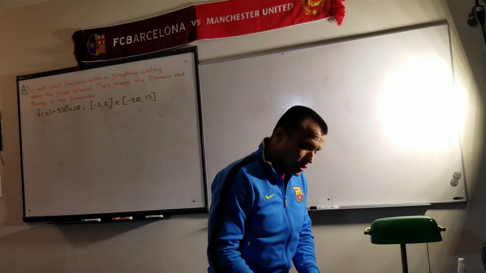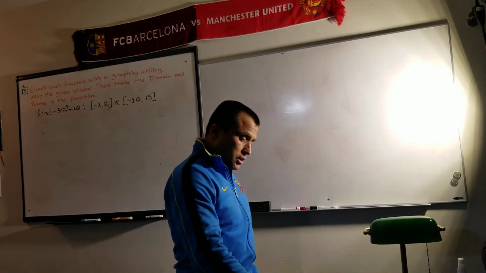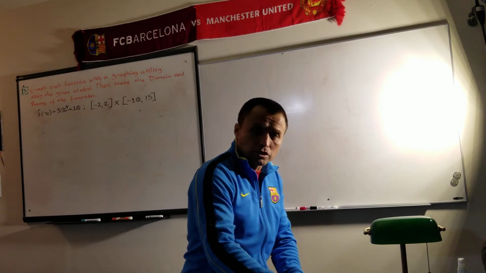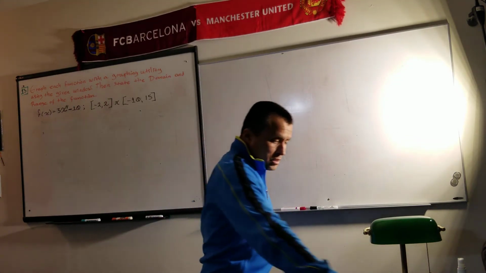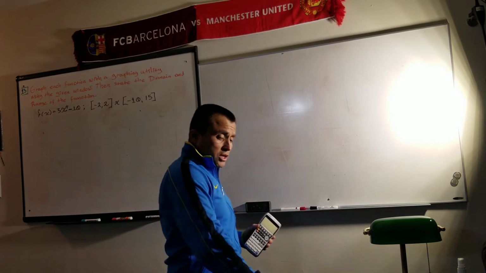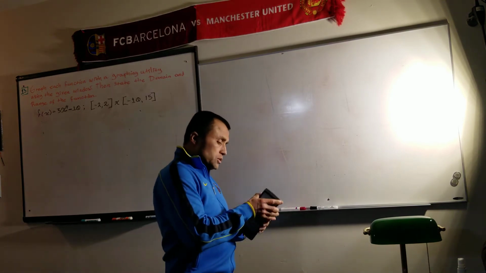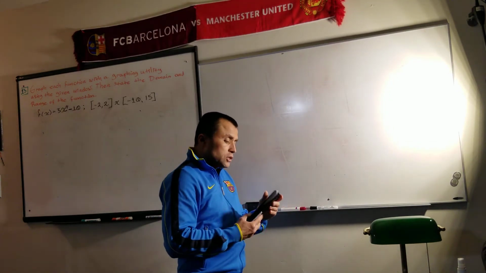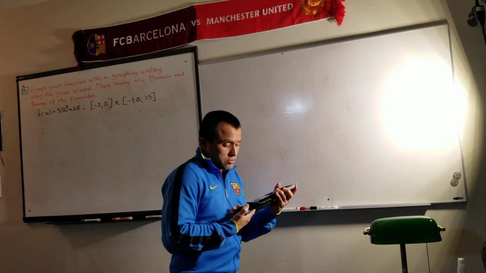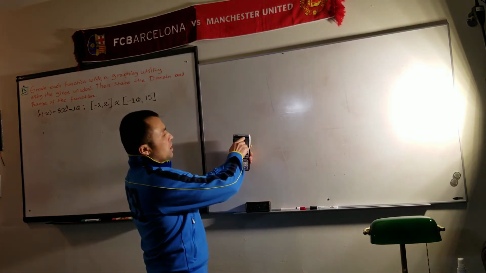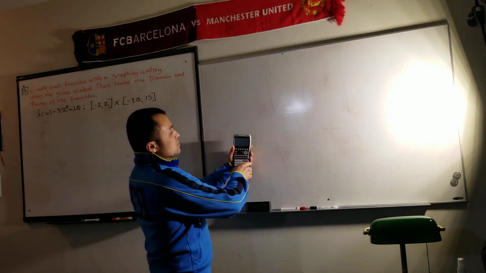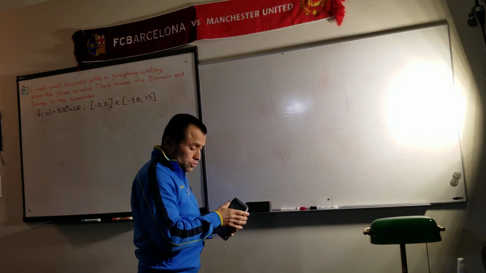In case you guys like to follow what kind of tools I'm using, besides my calculus book, I will also be using a graphing calculator. This is a Casio, and the model is FX-9860GII.